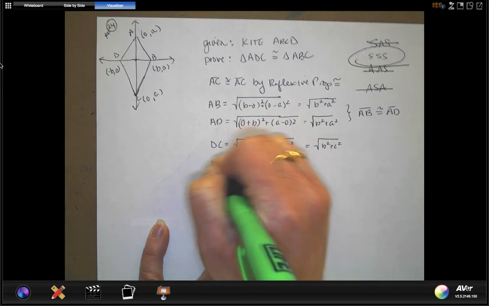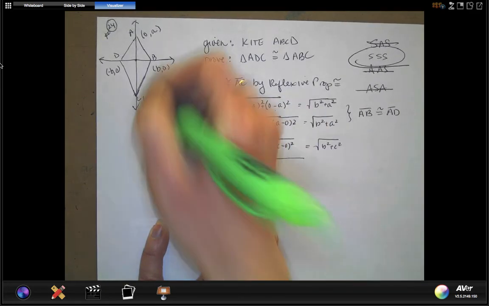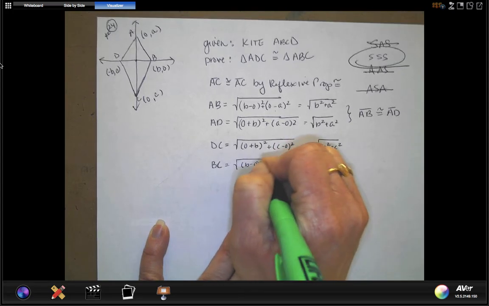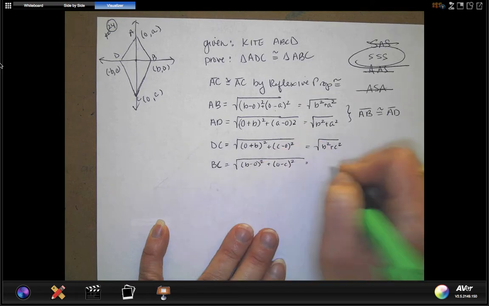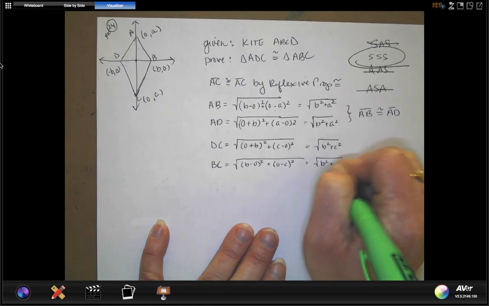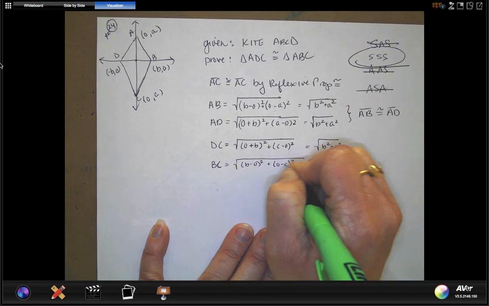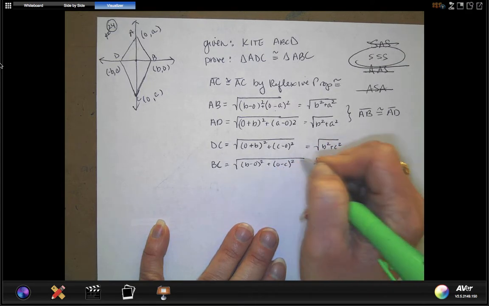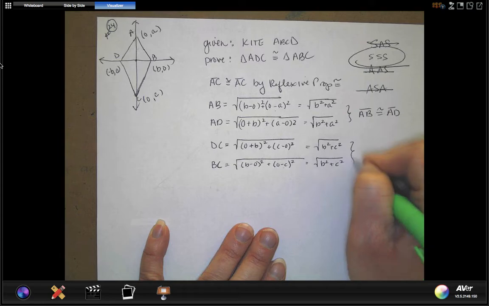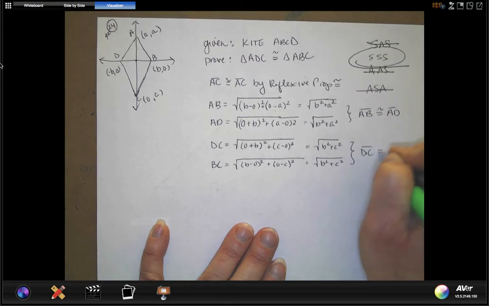Then for BC, again right minus left: B minus 0 squared plus 0 minus C squared. So I end up again with B squared plus C squared. Yes, 0 minus C is negative C, but when I square a negative I still get a positive, so that's why I'm writing it like that. So this tells me that DC is congruent to BC.